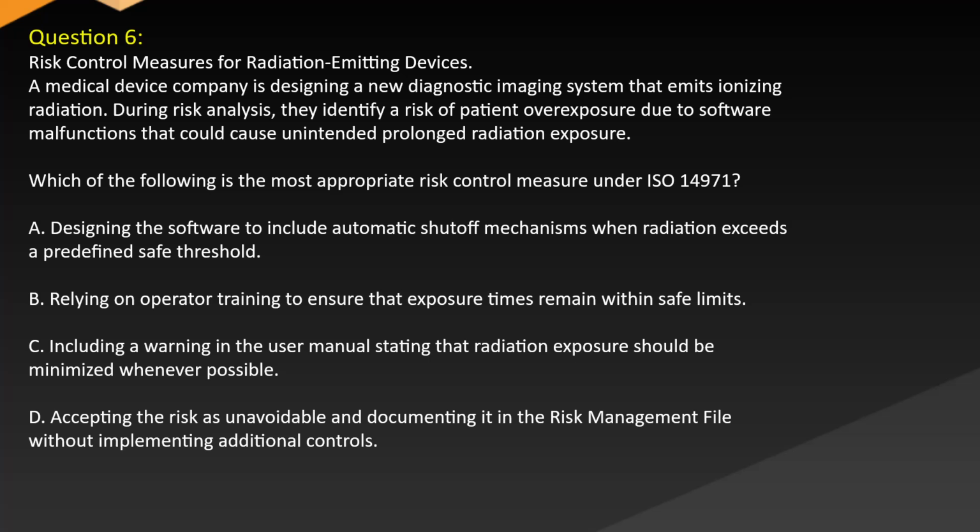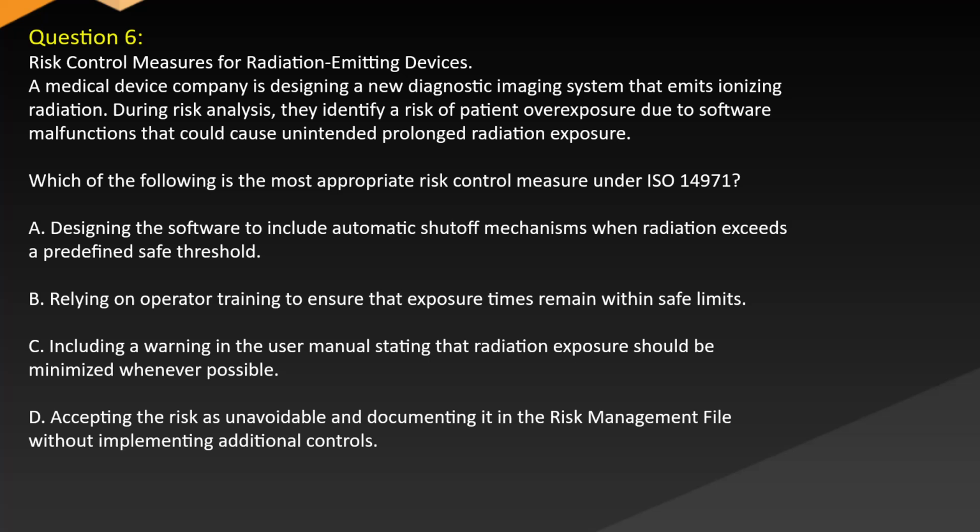Risk control measures for radiation-emitting devices. A medical device company is designing a new diagnostic imaging system that emits ionizing radiation. During risk analysis, they identify a risk of patient overexposure due to software malfunctions that could cause unintended prolonged radiation exposure. Which of the following is the most appropriate risk control measure under ISO 14971?